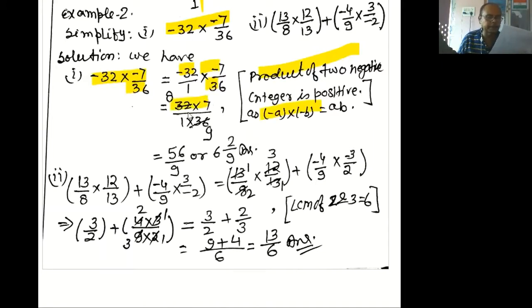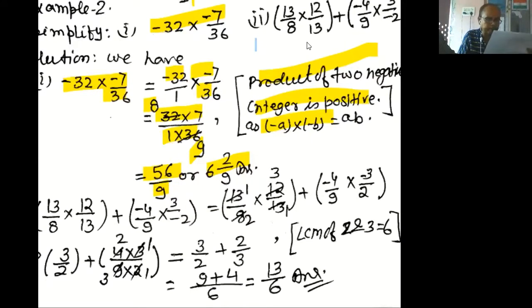We see that the numerator and denominator, 32 and 36, are divisible by 4. 4 eights are 32 and 4 nines are 36, equal to 56 upon 9, and we can also write it as a mixed number, 6 whole 2 upon 9.